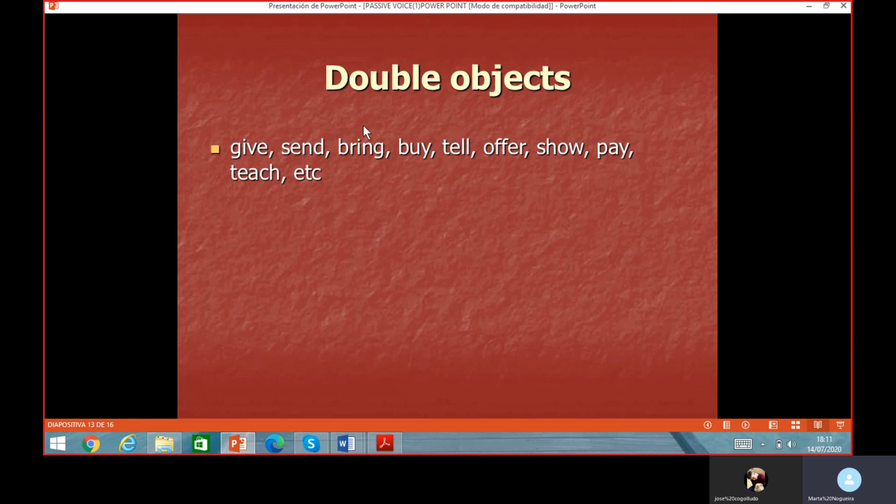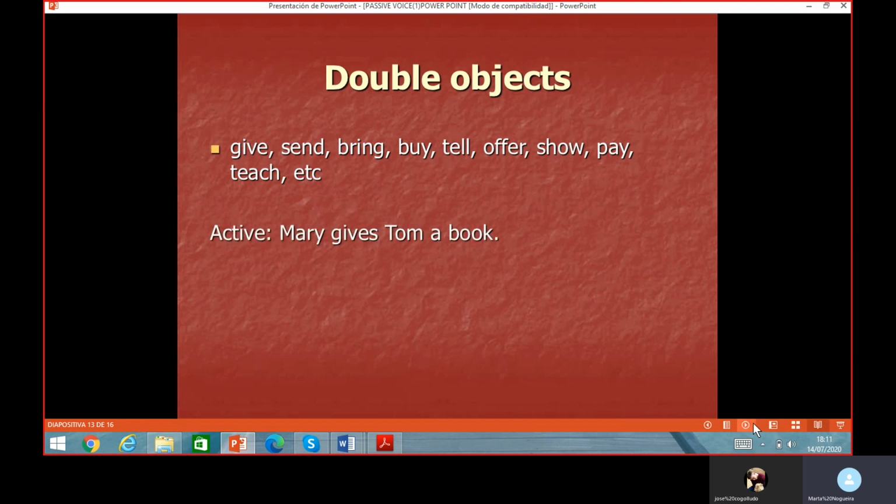Ya hay dos objetos detrás del verbo. Send something to somebody, tell something to somebody, decir algo a alguien. Decir algo, direct object, a alguien, indirect object. So these verbs require that we use two objects.